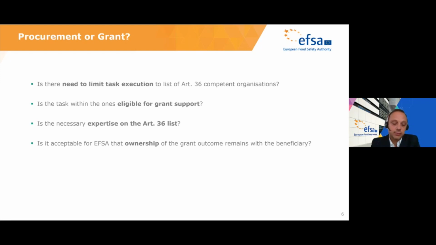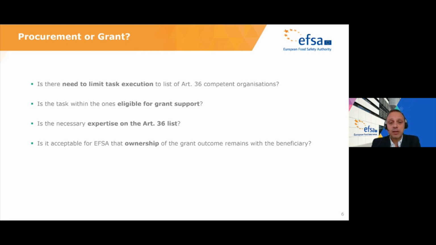So we've seen already with the presentation of Tom before: data collection and analysis, production of scientific data, harmonization, preparation of work for scientific opinion, etc. If the task that we need to outsource is not on that list, then grant will not be an option and we will use the procurement channel.